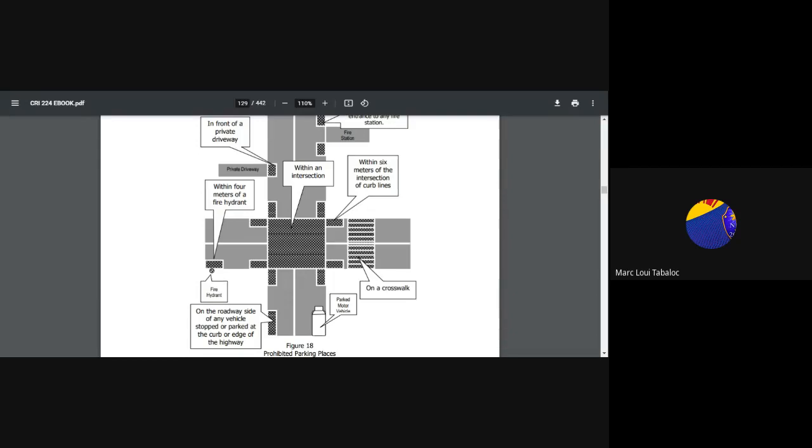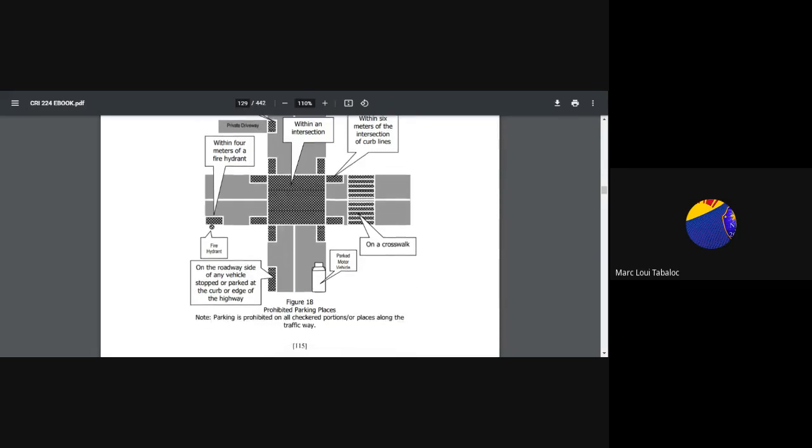This means that at corners or curves, parking is prohibited, because we cannot remove the fact that some drivers will pass by there carelessly. Say they lose their brakes. Of course, when they lose brakes or their brake system locks up, they will have uncontrollable movement, and a car parked at the curve is sure to be hit. So parking at curves or corners of a road or highway is prohibited.